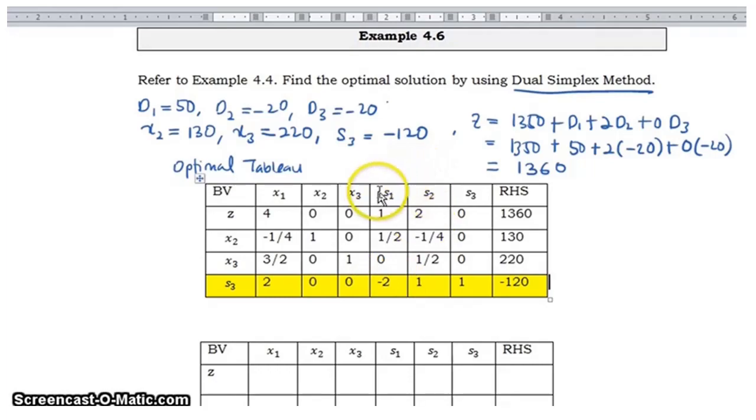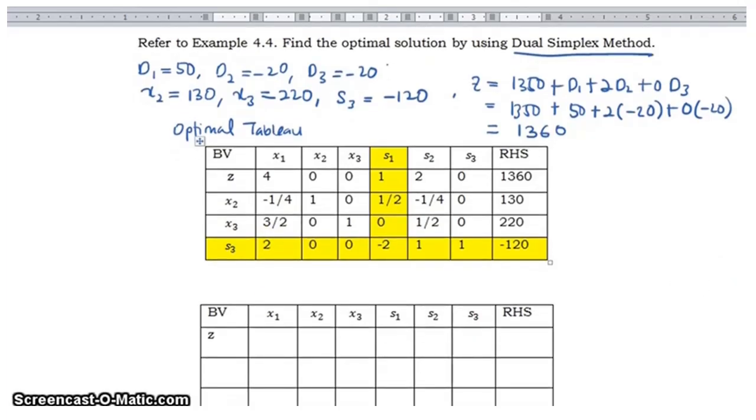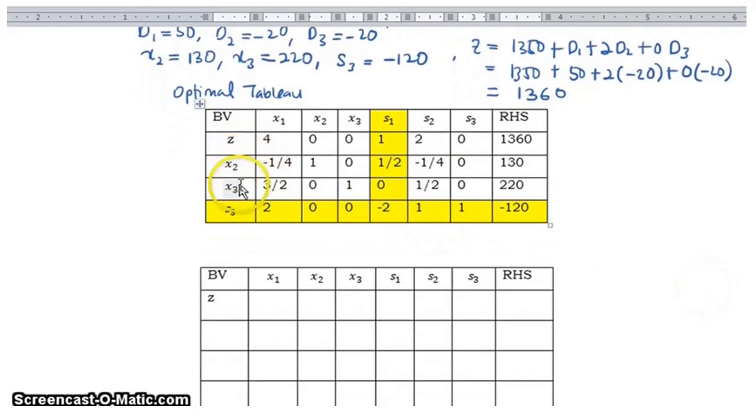Therefore, S1 is the entering variable. S1 replaces S3 as the basic variable in row 3. X2 and X3 remain as basic variables in row 1 and row 2 respectively. So this one is X2, X3 and S1.